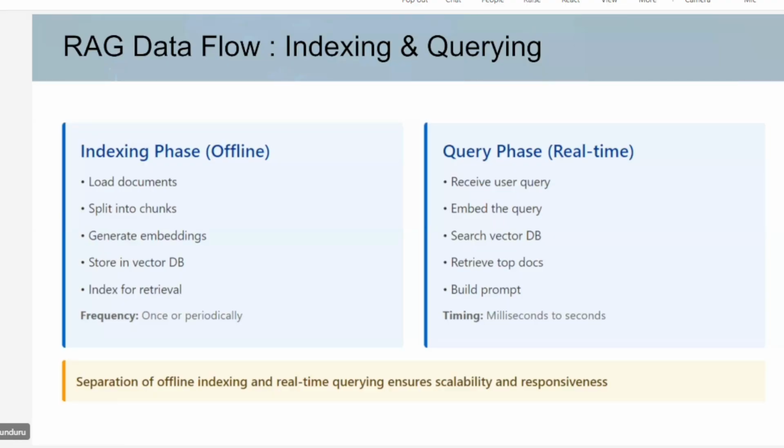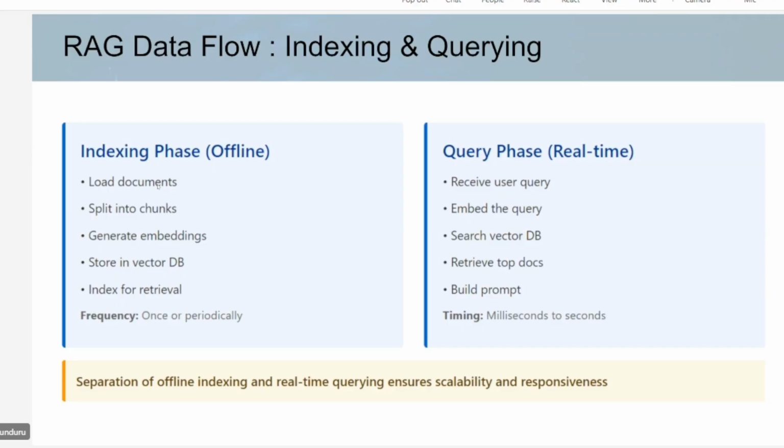The first phase is the indexing phase. This will be done in offline mode. All the documents in our enterprise repository will be loaded into the database. So load documents, then split into chunks.